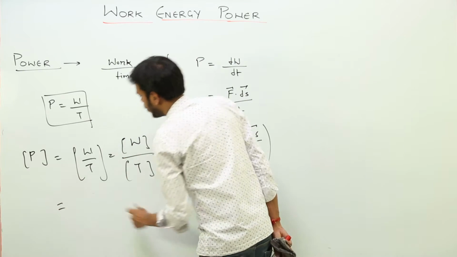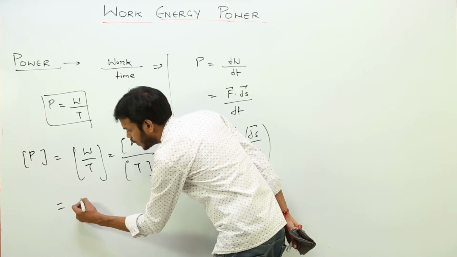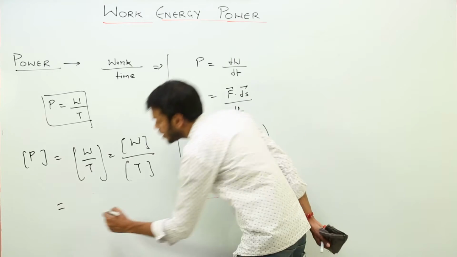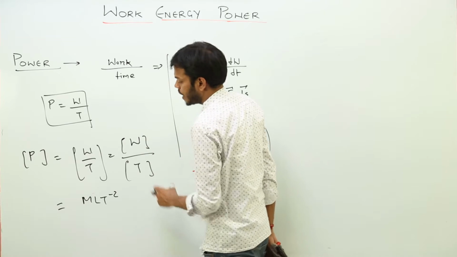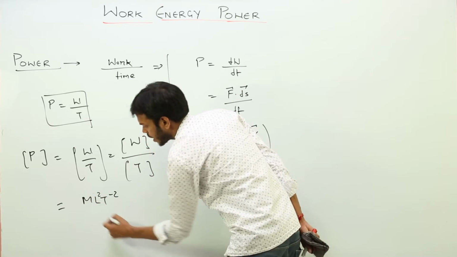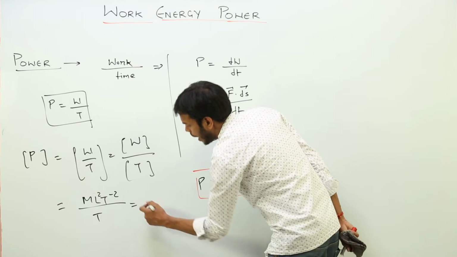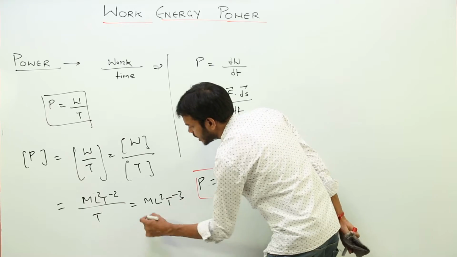What is the dimensional formula of work? Work is force into displacement, that is F into S. The dimensional formula of force is MLT minus 2. This becomes MLT minus 2 into displacement, so L square over time T. So the dimensional formula of power becomes M L square T minus 3.